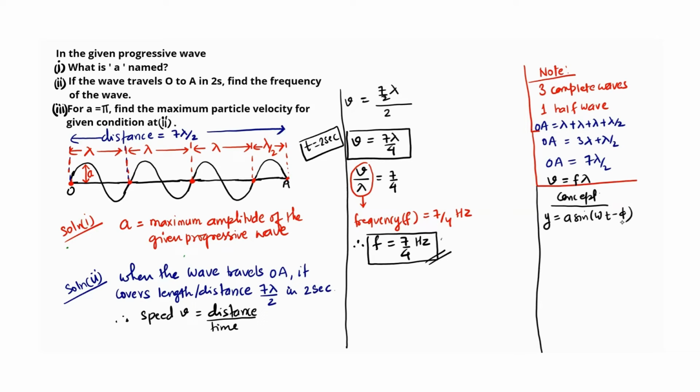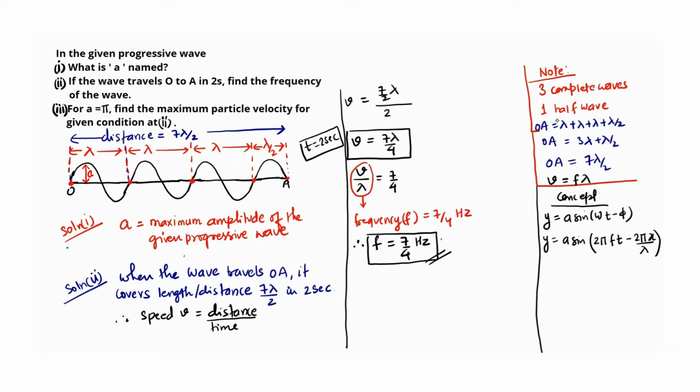Now, when we put the value of omega and phi, we get y equals a sine, and we can write omega as twice pi f, so we have small t time minus twice pi x by lambda.